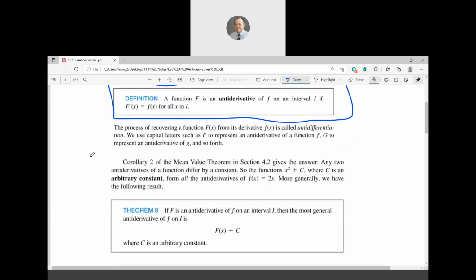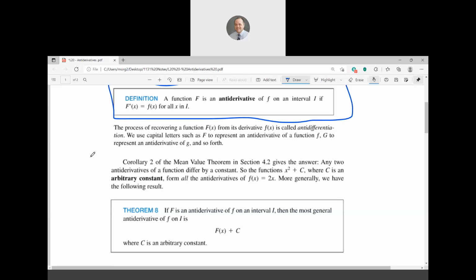The mean value theorem guarantees that any two antiderivatives of a function differ by a constant indicated by capital C. So if you're going backwards, you're given the derivative and you're trying to find the original function, then there's usually some arbitrary constant that you have to take into account.